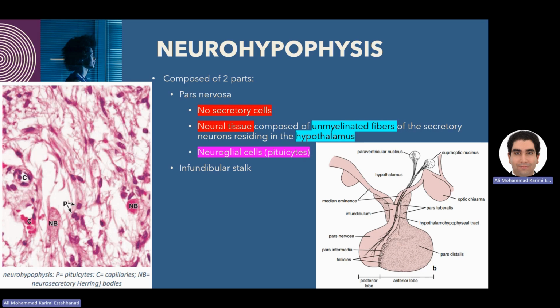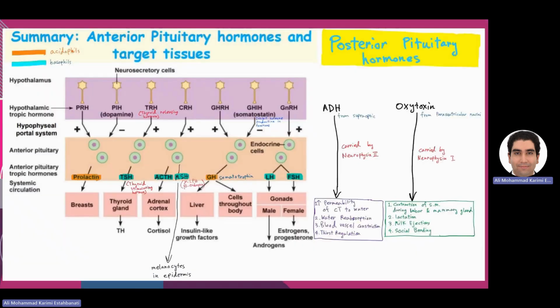And the Herring bodies are, I would say, the main cells in that area because they receive the hormones from the hypothalamus and store them until we need them, and then release them into our system. So these two, or we can say three cells, are the important ones we can find in the neurohypophysis, or posterior pituitary. Now, let's try to remember all of these in a summary version, which is this.